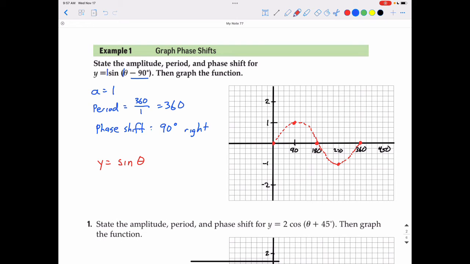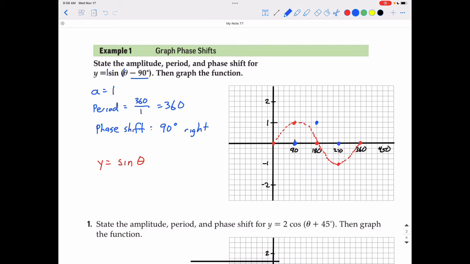But we are going to graph it after a shift. So in blue, I'm going to take every one of those points and I'm going to move them 90 degrees to the right. So the starting point at the origin is now going 90 degrees to the right. The high point at 90 will go 90 degrees to the right. It will now be at 180. That x-intercept at 180 is now at 270.